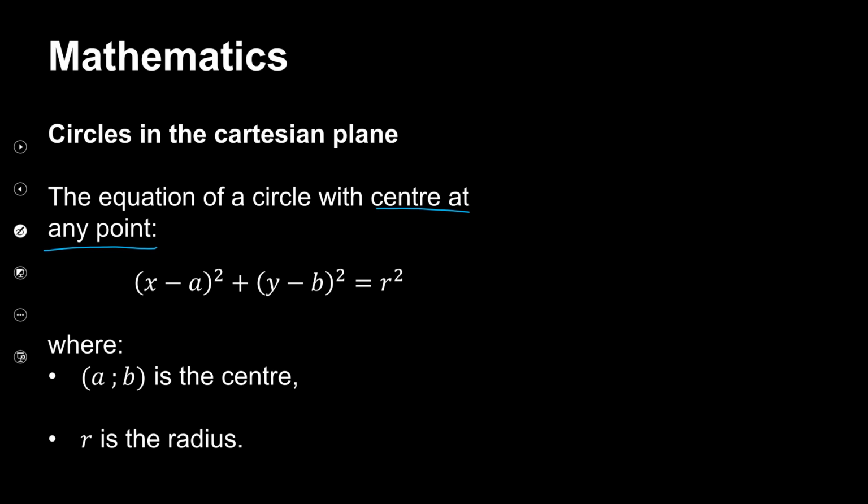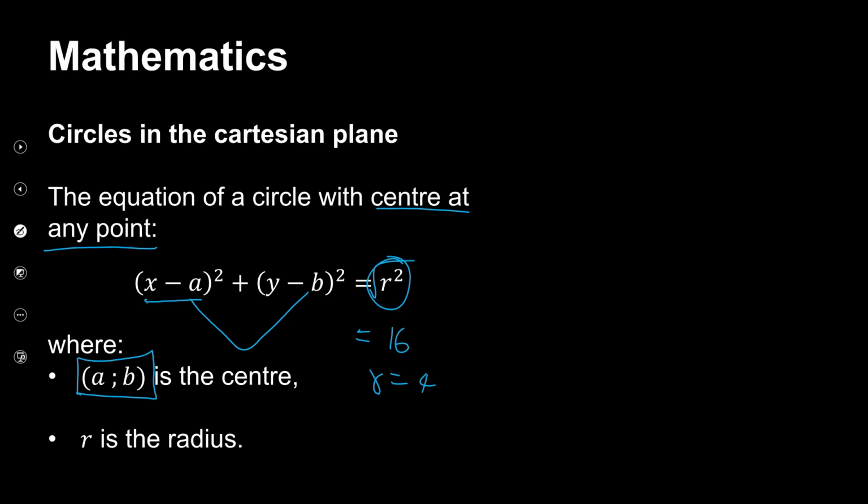The equation is normally given by x minus a all squared plus y minus b all squared equals r squared, with a and b being the center of the circle, and r being the radius. So you will need to find the square root of that in order to get the radius. If this is equal to maybe 16, it means r is equal to 4.